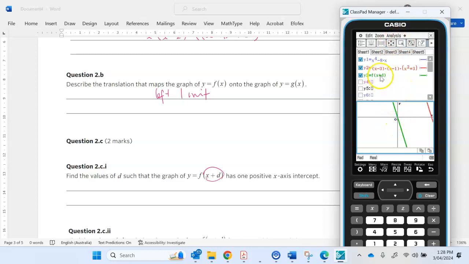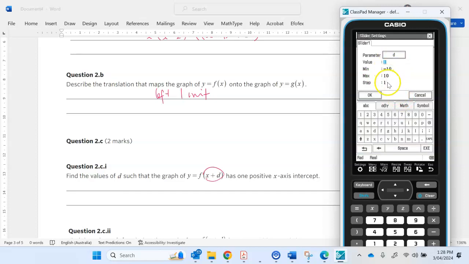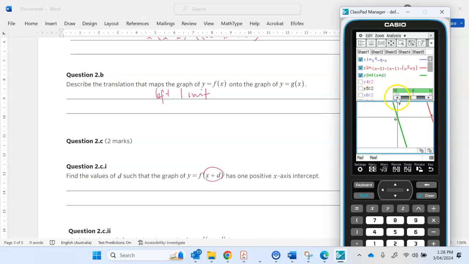So let's put our slider back on. Let's just change it. We couldn't see it because it was too big. Let's go up by 0.1, so we might be able to see it move across now.